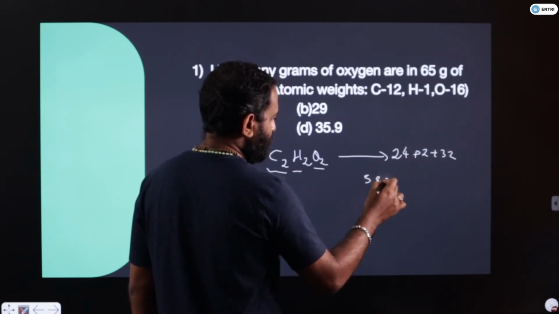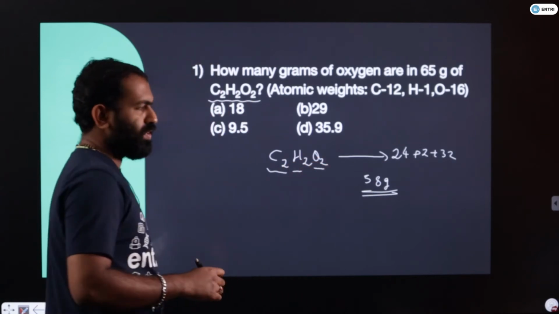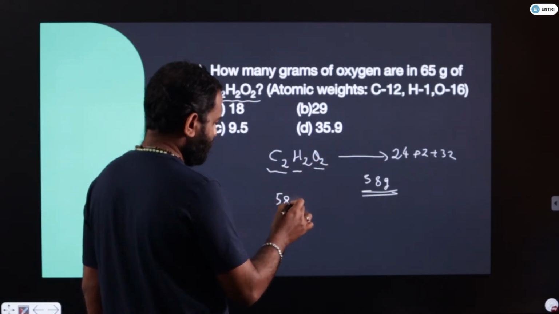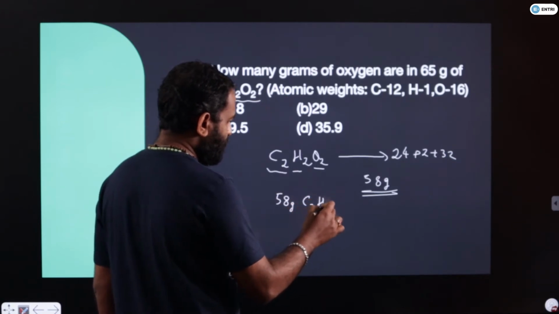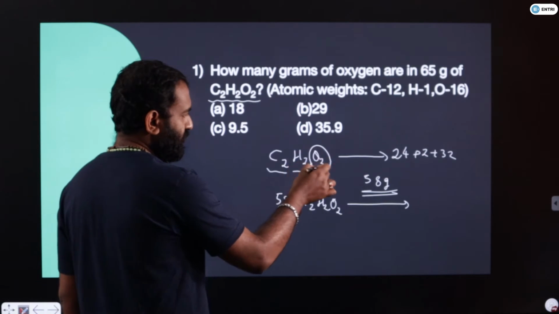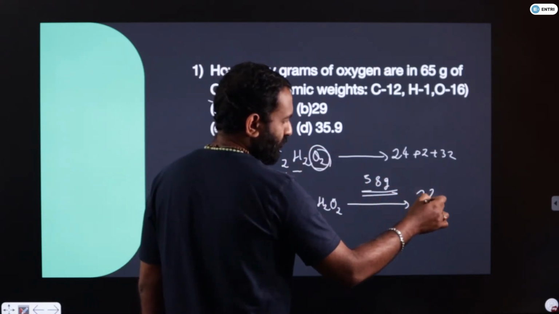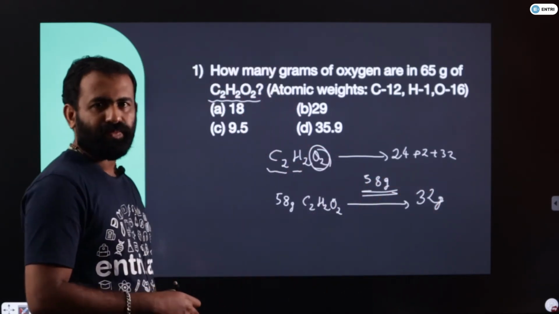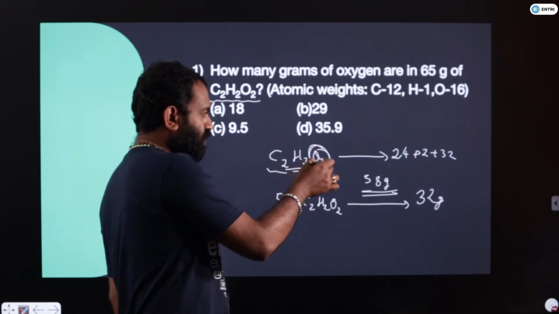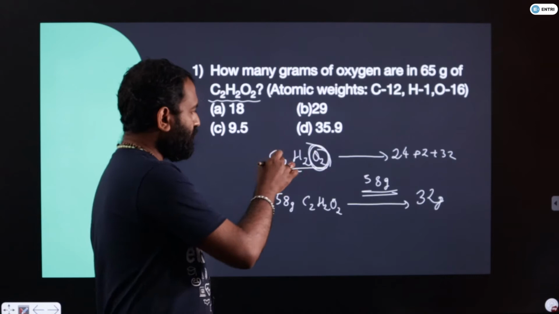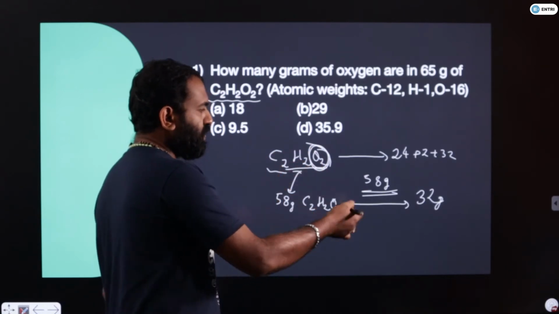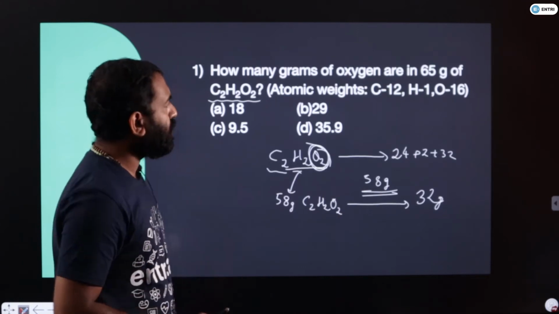The molecular mass of C2H2O2 is 58 gram. In 58 gram C2H2O2, the amount of oxygen is 32 gram. C2H2O2 contains 2 oxygen atoms. So the molecular mass is 58 gram, and 58 gram C2H2O2 contains 32 gram oxygen.